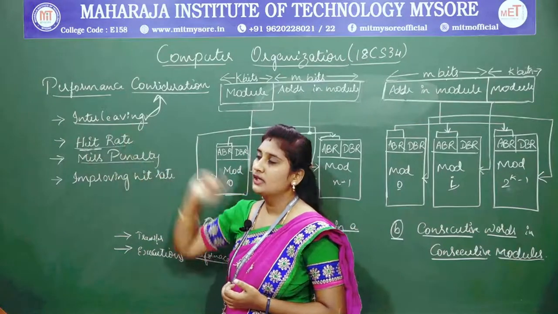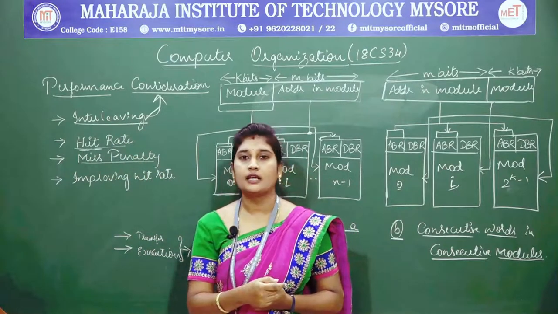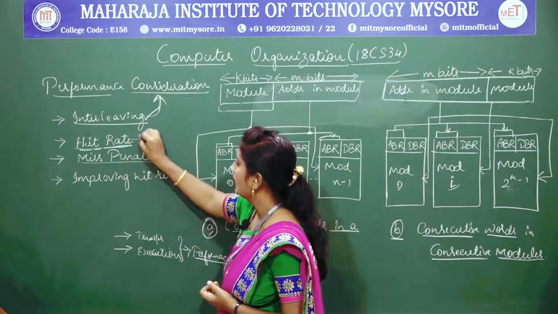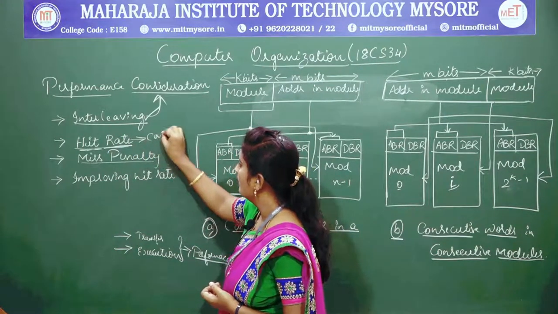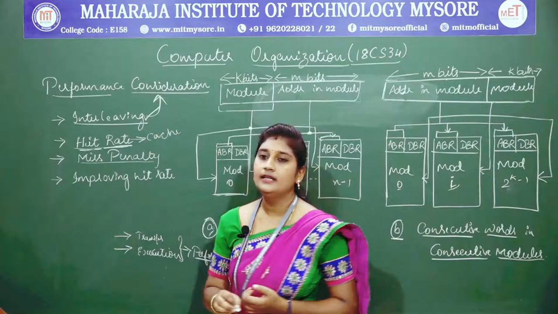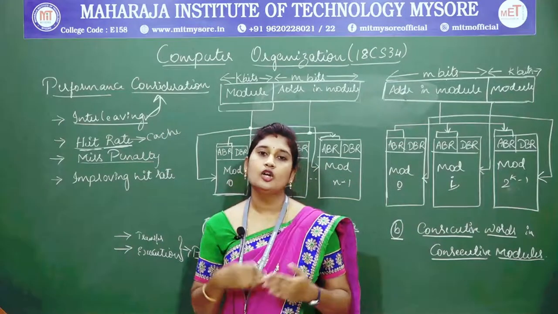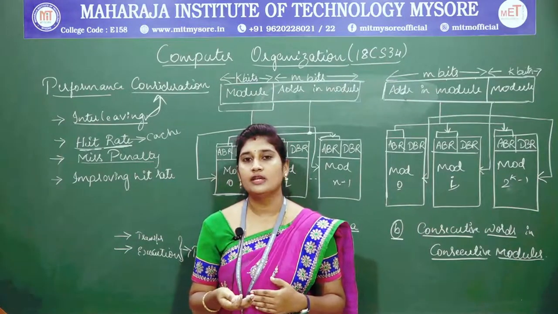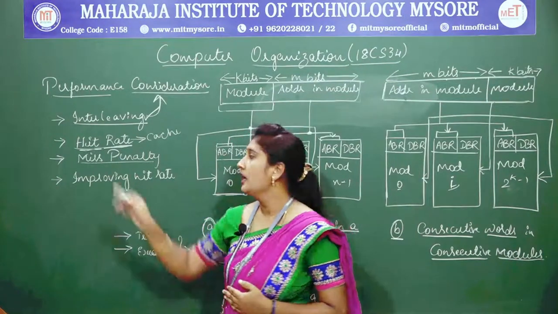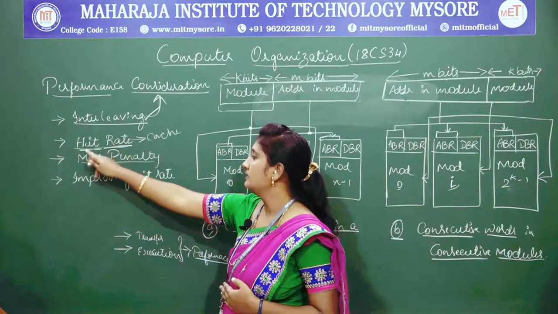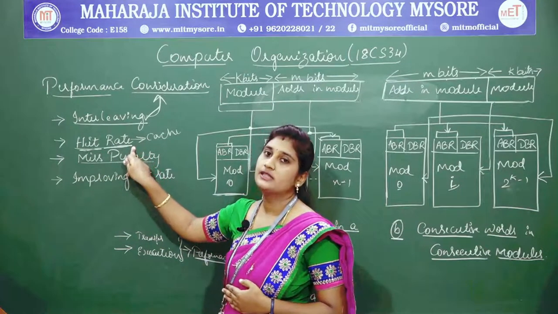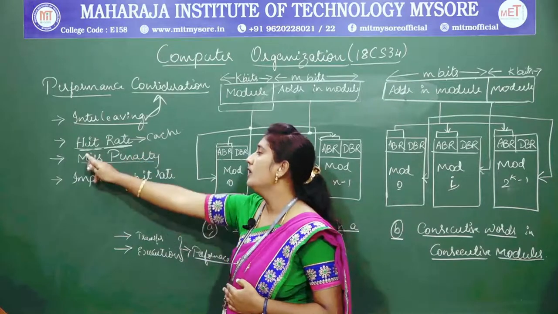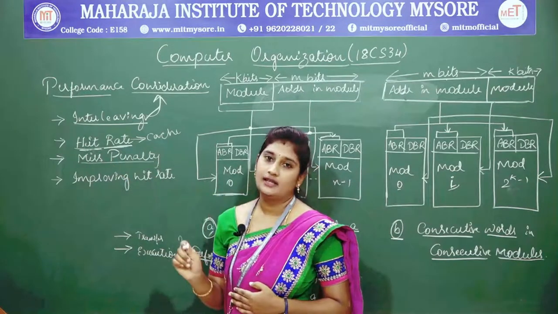So the fraction of attempted accesses to your cache memory that result in hits will be called the hit rate. So the number of attempts or accesses made to your cache, as a fraction, will be called the hit rate.